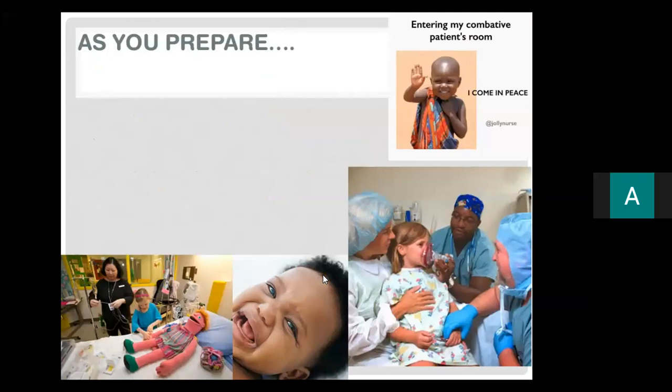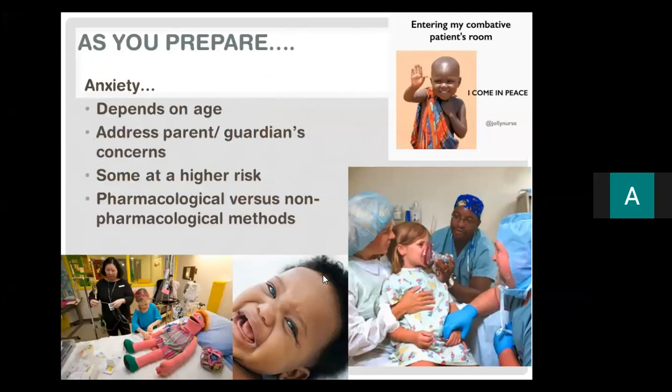for their anxiolysis. So the level of anxiety, which is a big thing that people don't like about pediatric anesthesia, the anxiety levels that the guardian or the caretaker has, and also the anxiety levels that you'll see depend on the age.